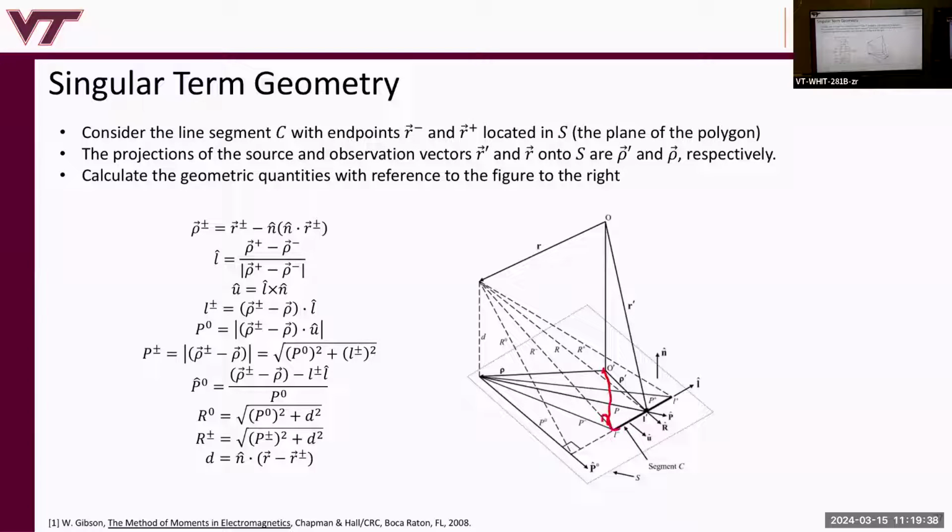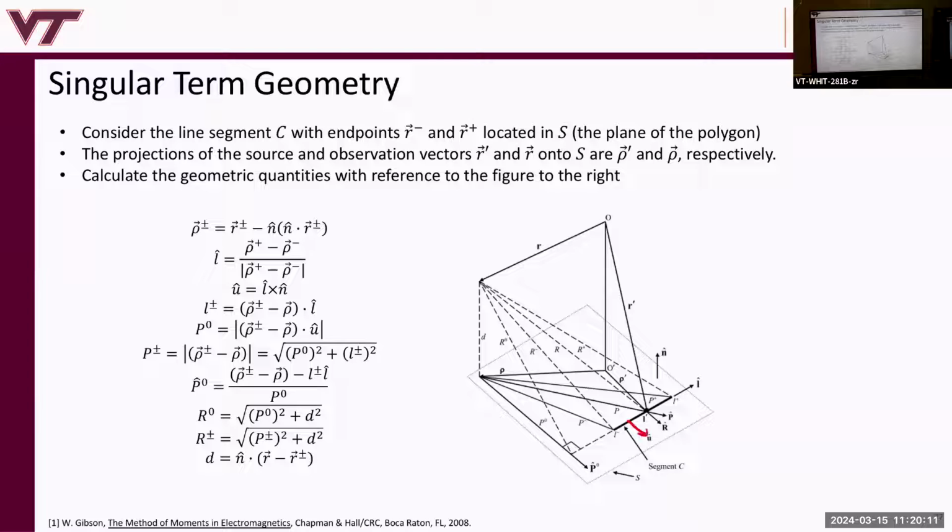If you subtract them, that means you flip the minus vector so it points that way, and then you connect tail to head. So it's along the line segment, right? And then you normalize it by its own length to give you the unit vector.